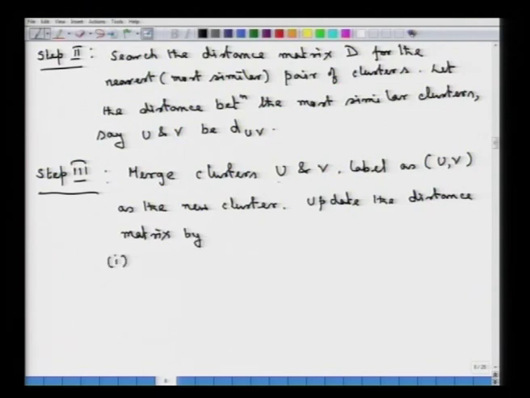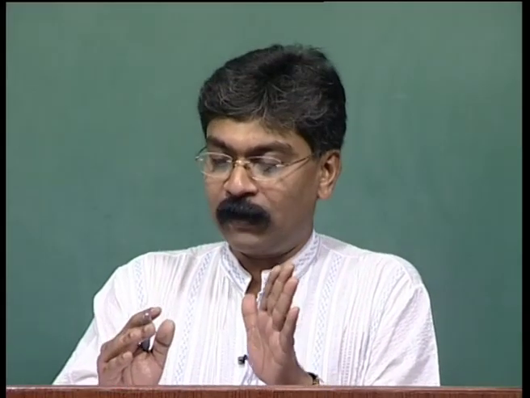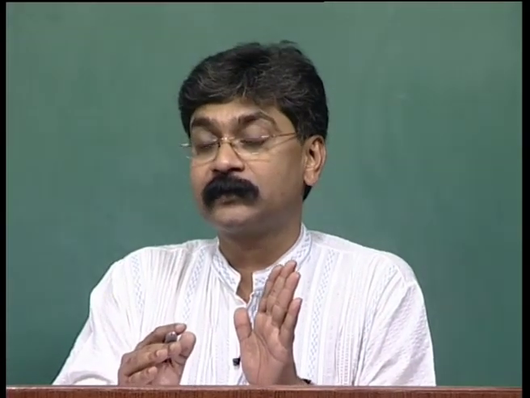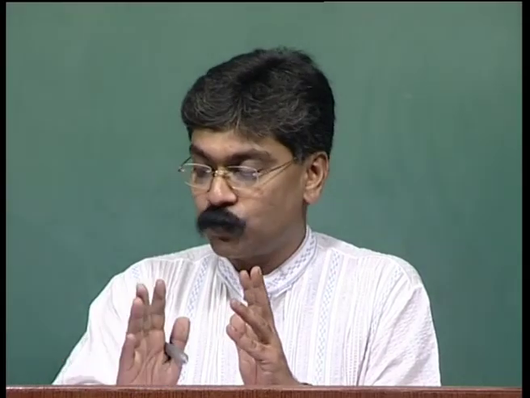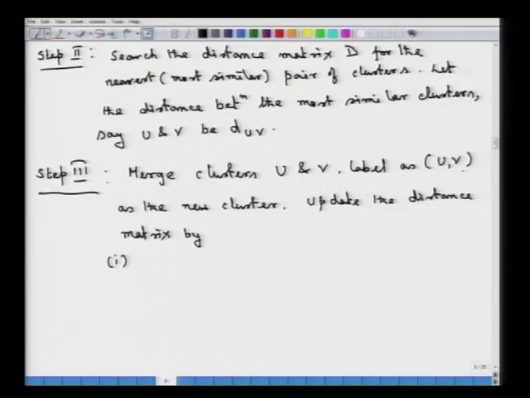Number 1, note that when we had that n by n distance matrix D, u and v were 2 separate identities. Now, u and v have been merged together, and hence the rows and columns corresponding to u and v have to be deleted from the original distance matrix. So, one has to delete rows and columns wherein u and v are present, and then one has to actually add this uv as the new case, and then find out the distance of this newly formed cluster with the other single point clusters that is present in the data.